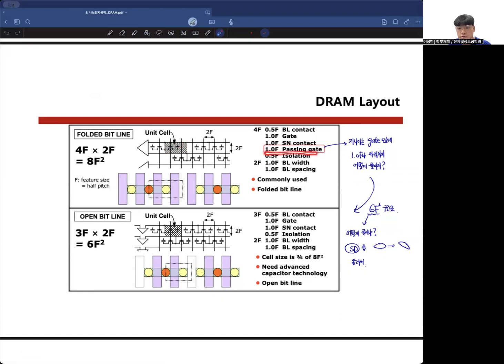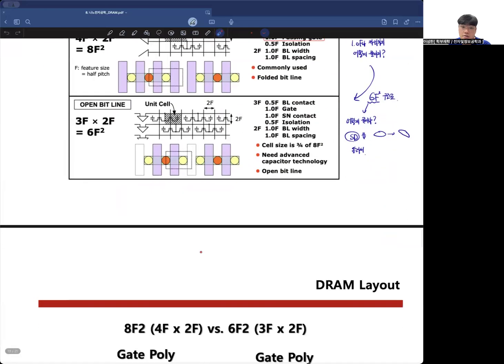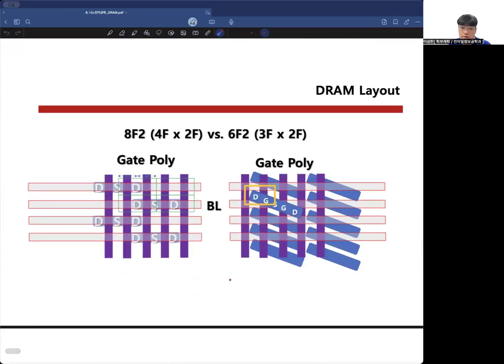We can remove the passing gate area, and the result is the 6F-squared. How do we remove the passing gate area? You can see this figure. This is the 8F-squared and this is the 6F-squared. We can tilt the active area so we can make a much smaller unit cell.